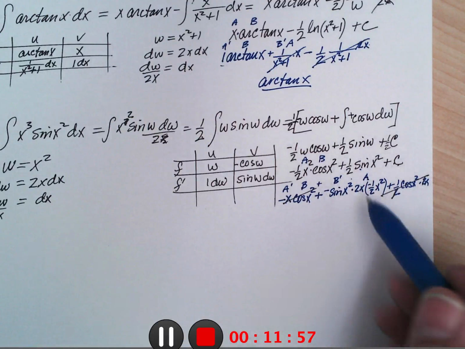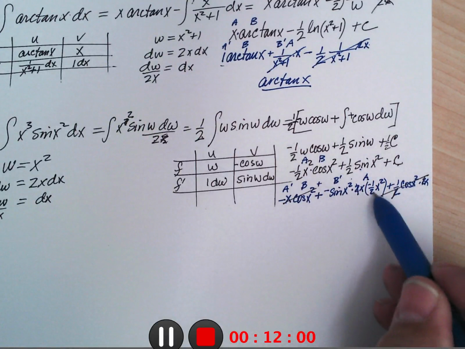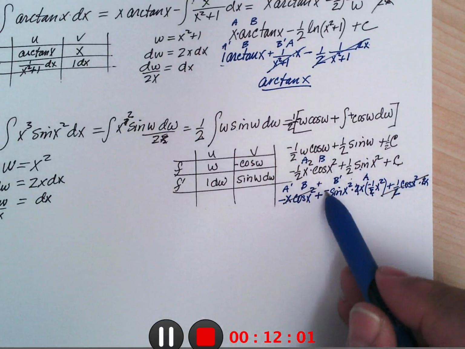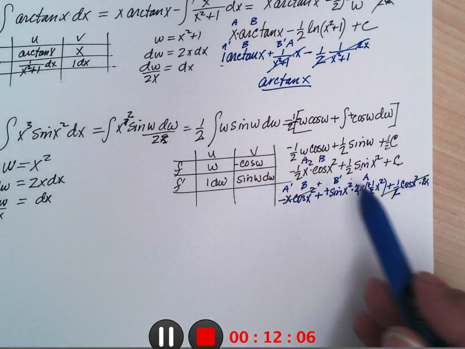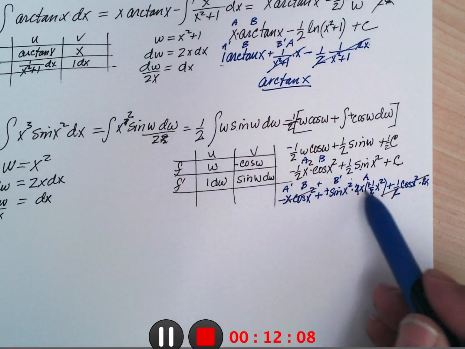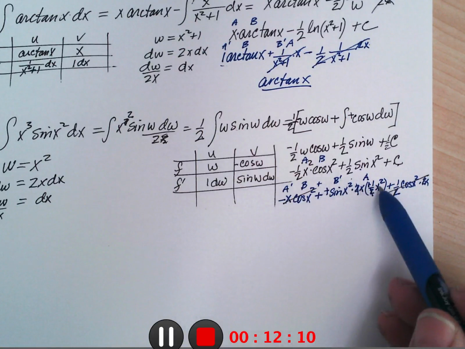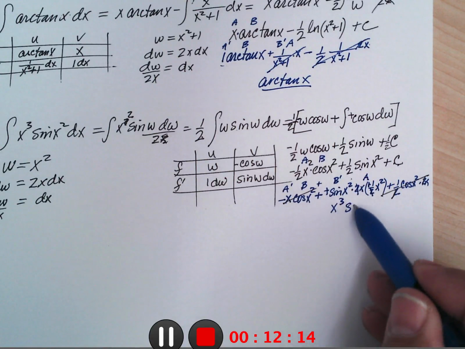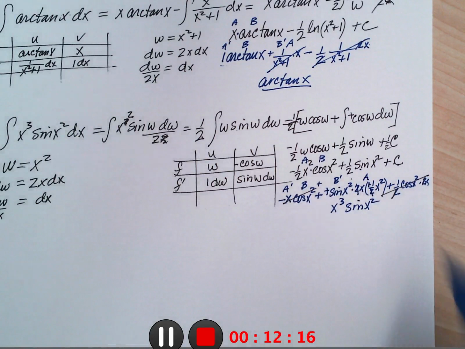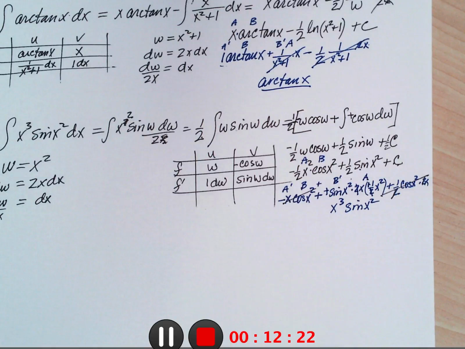Well, this 2 would cancel the half. The minus here would cancel the minus there. And so I have sine of x squared times x squared, which is x to the third sine x squared. So that works. There was a lot of cancellation and changing things going on there, so you've got to be real careful when you do these.